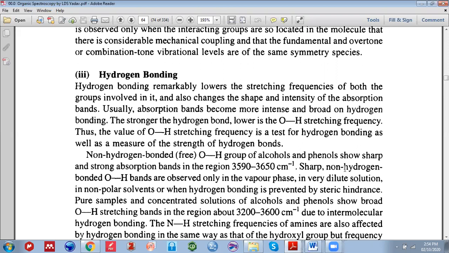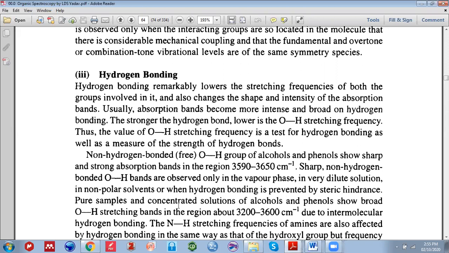Sharp non-hydrogen bonded bands are observed only in vapor phase, in a very dilute solution where there is less chance of hydrogen bonding, in non-polar solvent that does not give hydrogen bonding, or when hydrogen bonding is prevented by steric hindrance.